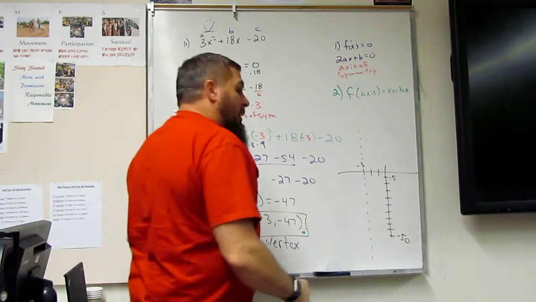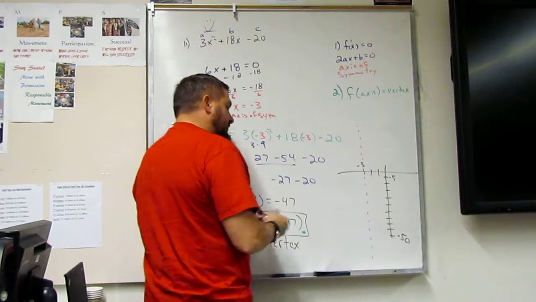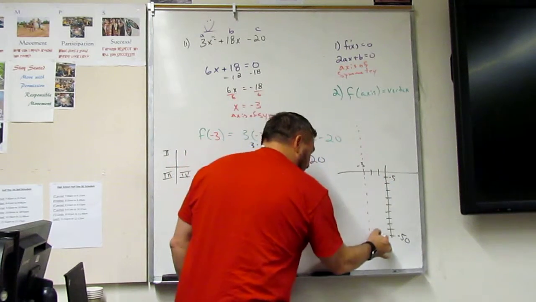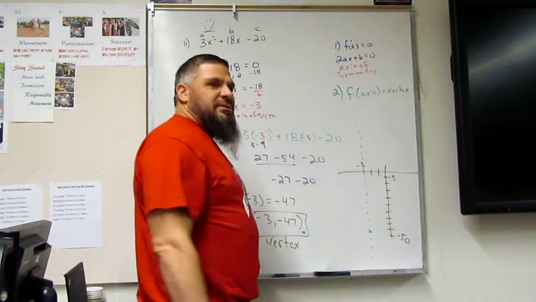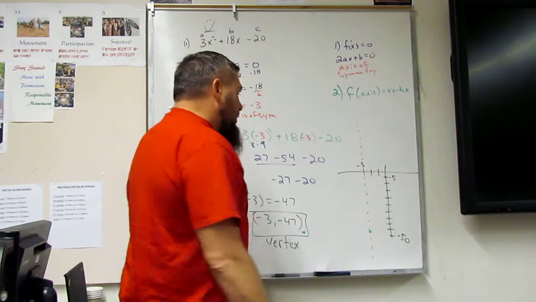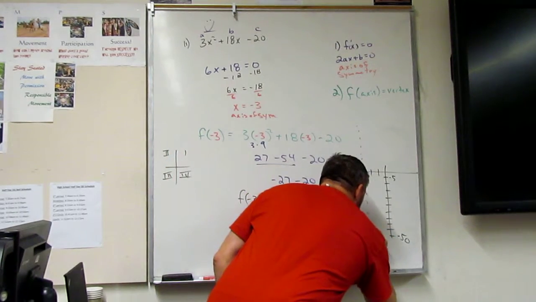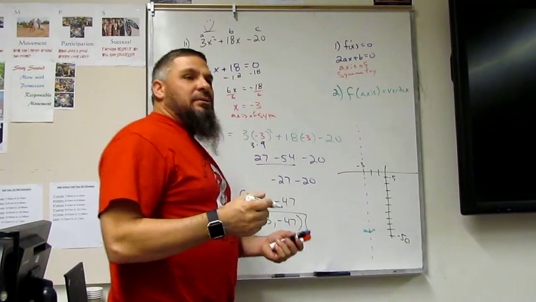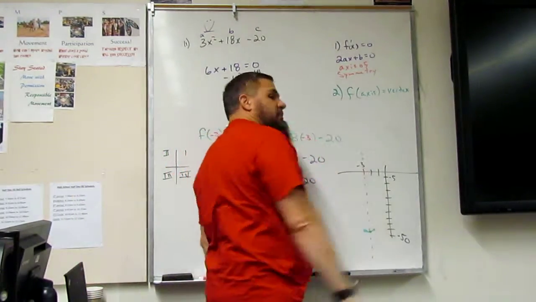And then I'm going to put the vertex, negative 3, 47. It's just going to be a little higher than 50. Does that make sense? So that's our vertex. And we know it's going to go this direction and this direction. Now I don't know how yet, but that's step 3 and 4.